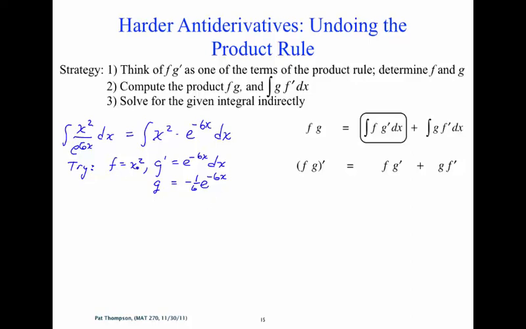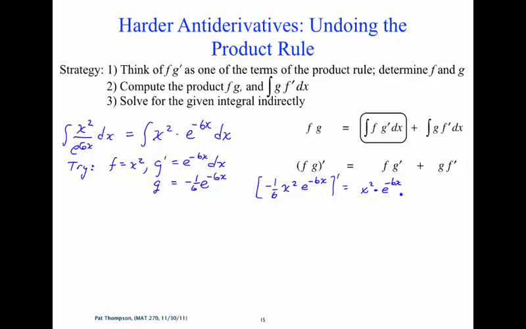Okay, so we could take f times g, let's just go ahead and do it. So f times g would be negative 1/6 x squared e to the minus 6x. We're going to take the derivative of that. And f g prime would be x squared times e to the minus 6x, and then we'd have the minus 6 times the negative 1/6, which would go away.